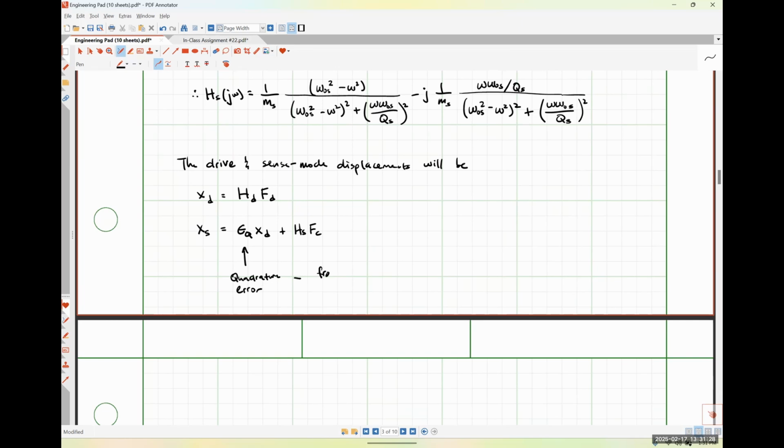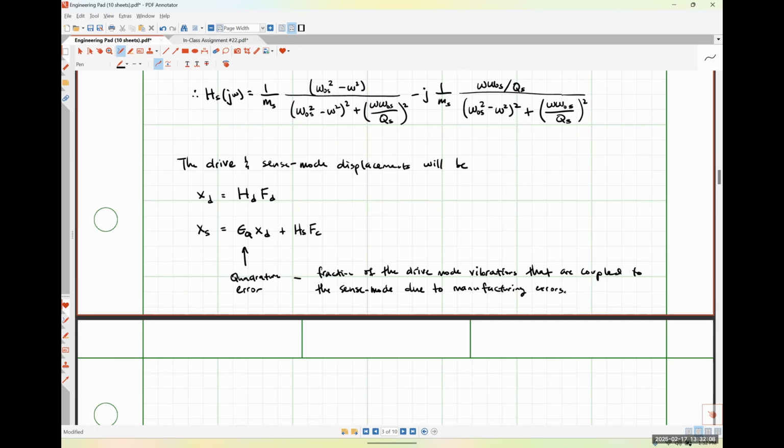And it is the fraction of the drive mode vibrations that are coupled to the sense mode due to manufacturing errors.